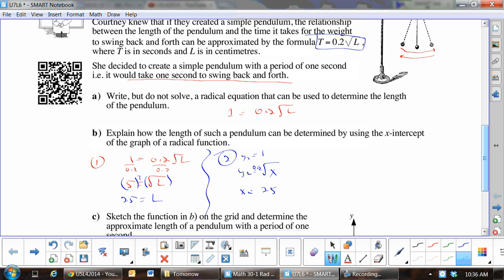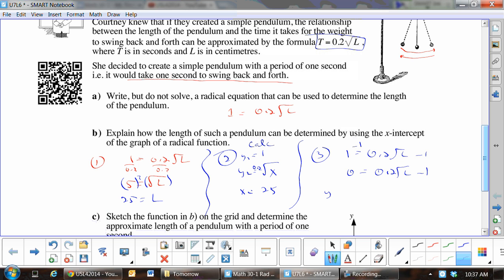What is another way I could put this into my calculator? Yeah, I can subtract the 1. So this would be 1 equals 0.2 root L, minus 1 on both sides: 0 equals 0.2 root L minus 1.